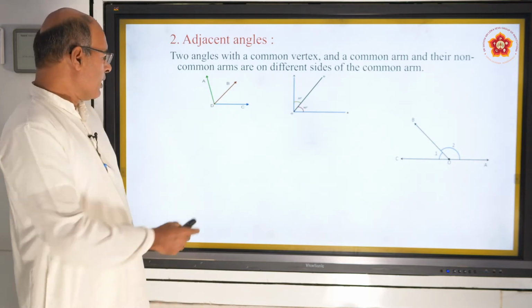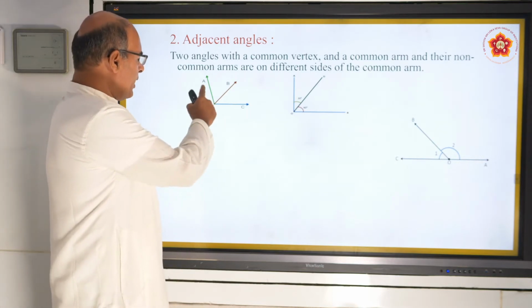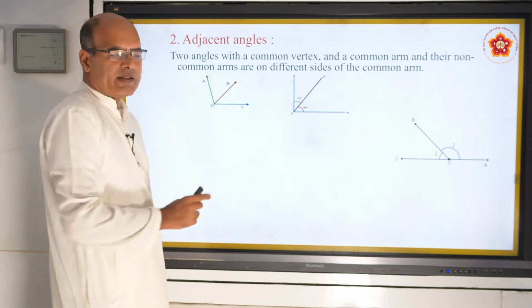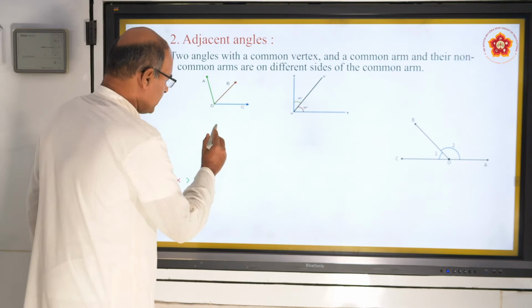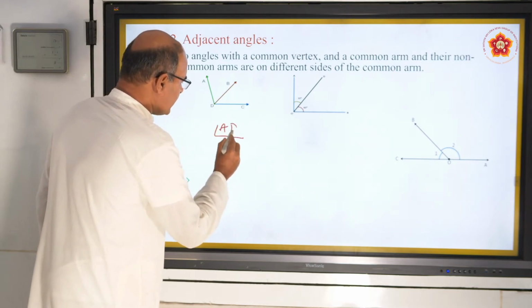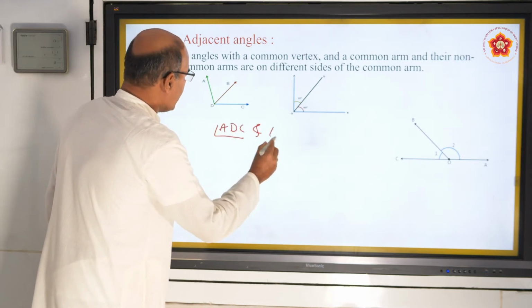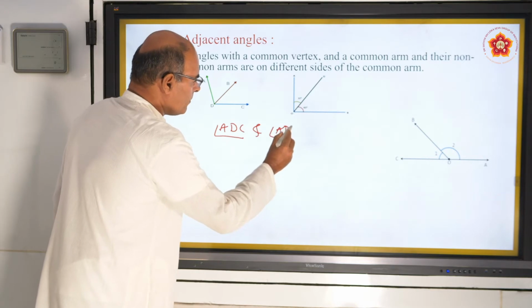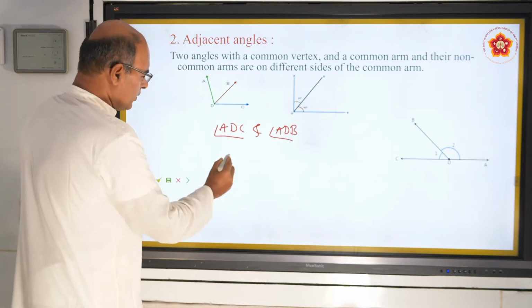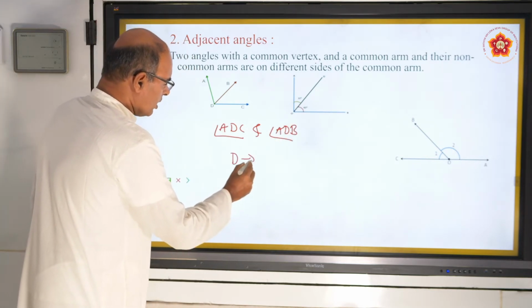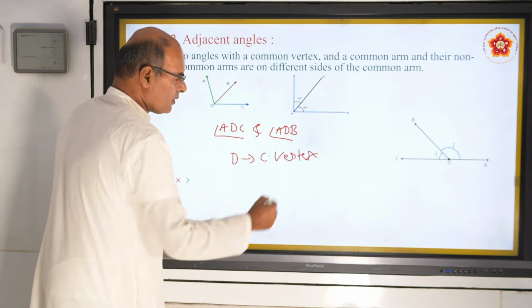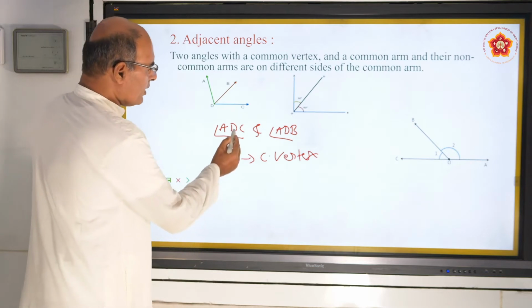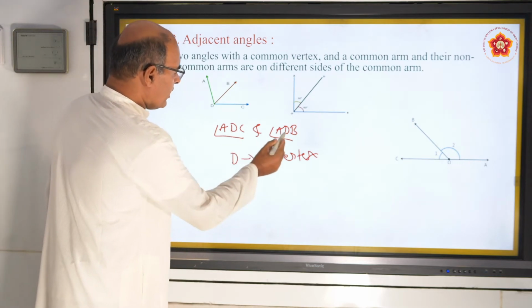Look at this picture, angle ADC and angle ADB, they are not adjacent angles. Because if I take angle ADC and angle ADB, both have D as the common vertex, the common side here also AD.